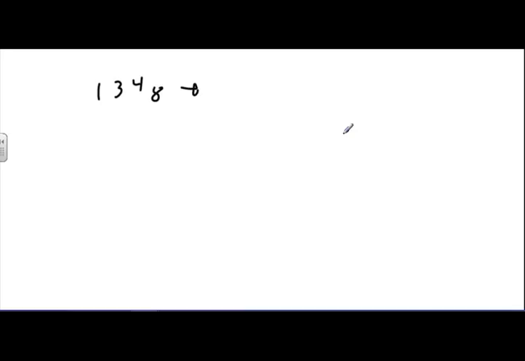So 1, 3, 4, second function, bases, type, octal. Now I have an octal number, second function, bases, and I want to be in decimal. Boom. All right, 92. Is that really 92? Oh, we don't know yet. Calculator says that it's 92.